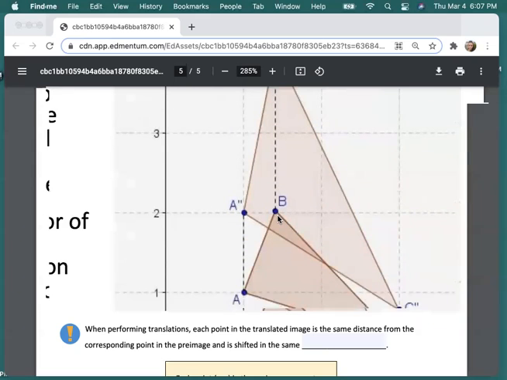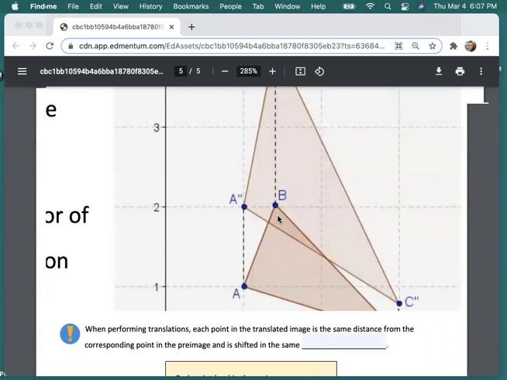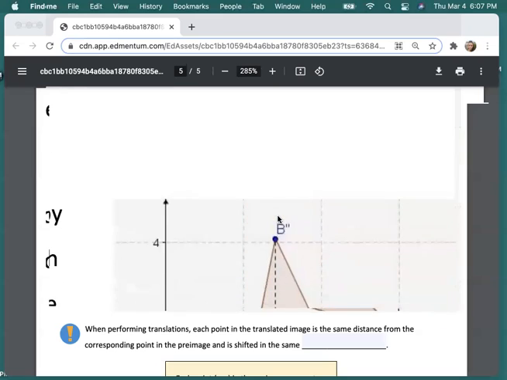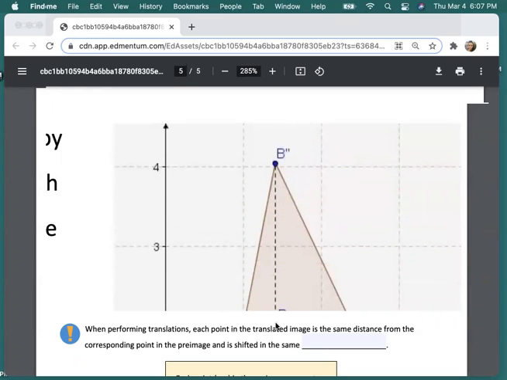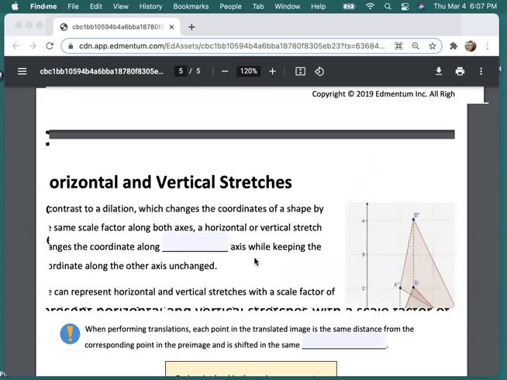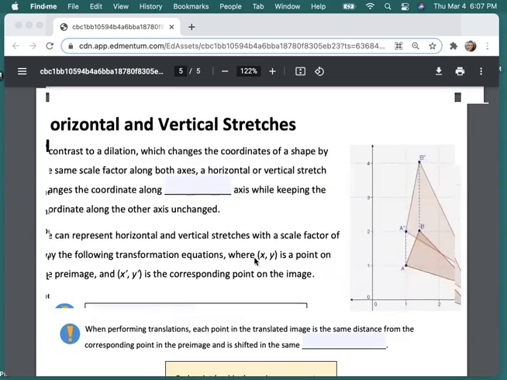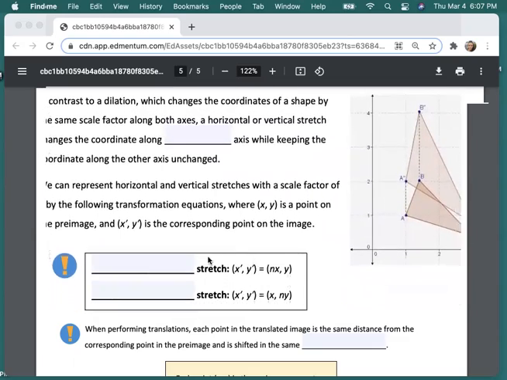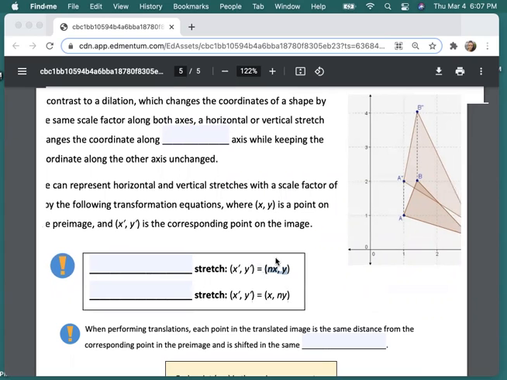So it appears that it's being stretched upwards. And if we look right here, a horizontal stretch is where the X value is going to change.